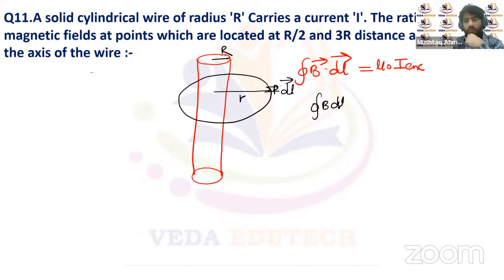Since the magnitude of the magnetic field is constant at every point on the loop, we can take B outside the integral. That will be B times the integral of dl, equal to mu naught I enclosed.